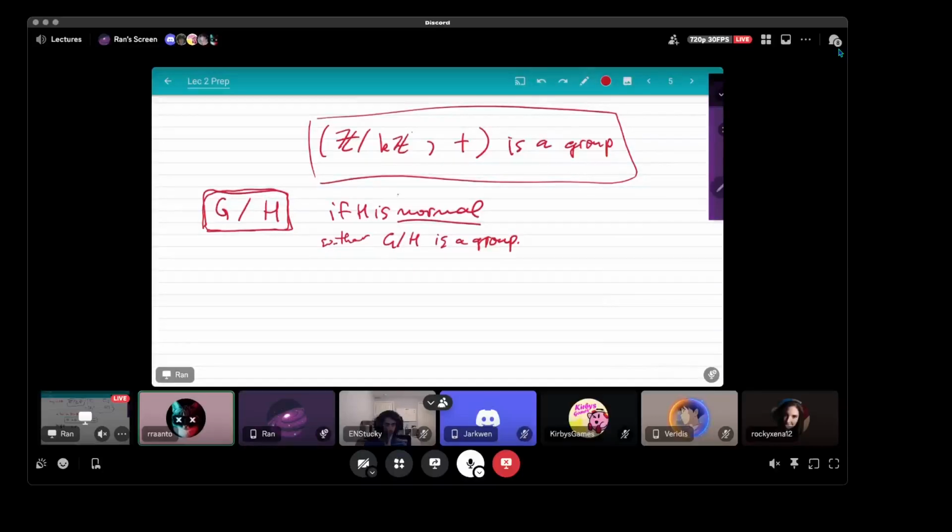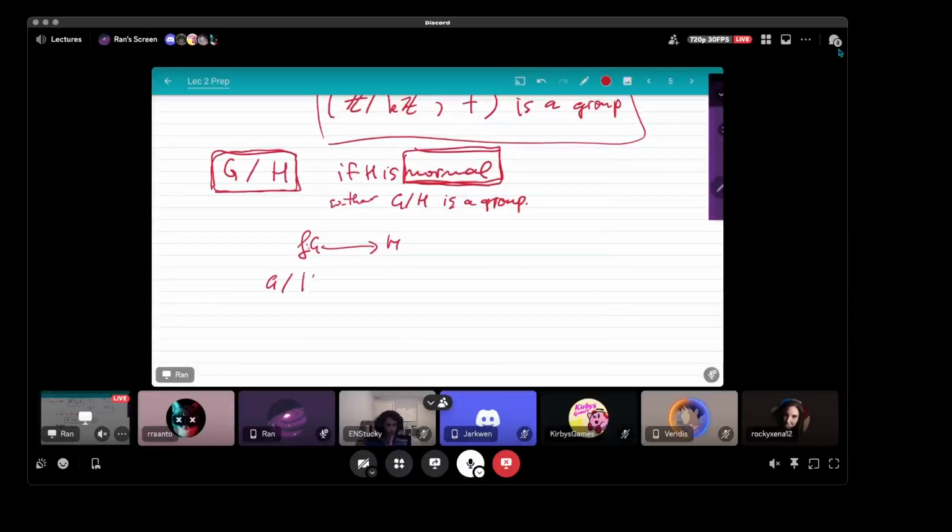That's why we require it to be normal, for example. So we have to find examples of normal subgroups. For example, if we were to find a homomorphism to something and quotient by its kernel, we can find a law on this set so that it forms a group under some law.